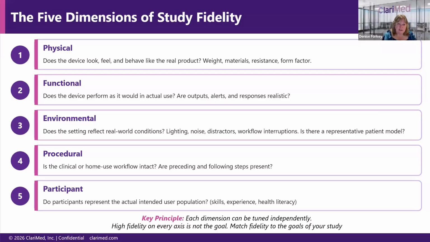Instead, you might use it to look at where they think they're supposed to push to apply the injection, or what they think the dosing means. So as you're looking at what you're going to evaluate, make sure it has the right physical appearance, if that is a goal for your study.